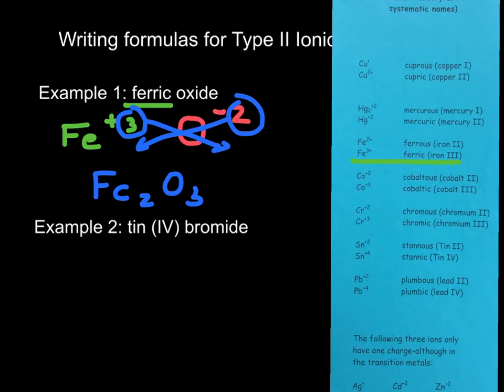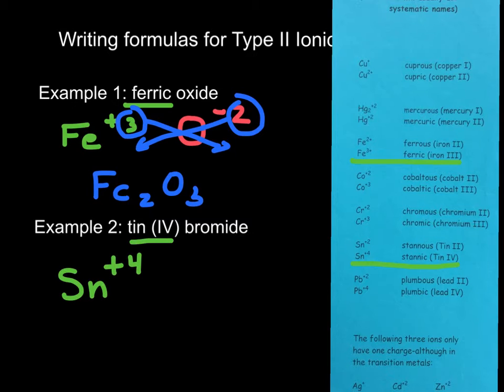Now, for example 2, I didn't give you the Latin name, I gave you the English name, tin 4 bromide. This makes it that much easier for us. We don't even need the chart. We can look at it, but because the Roman numeral tells us 4, we know that tin is going to be a +4 charge. Now let's say you don't remember that. When you look over here for tin 4, you'll see that tin has a +4 charge. These charges do not need to be memorized. You will always be given them.